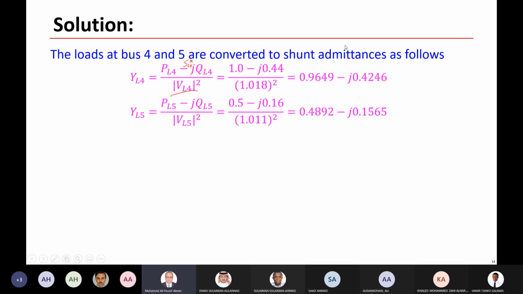So what will we do with this YL4 and YL5? What is the next step, guys? What is the next step? Should I call anyone? Alser, for example. What is the next step, Alser? Is Alser with us or not?